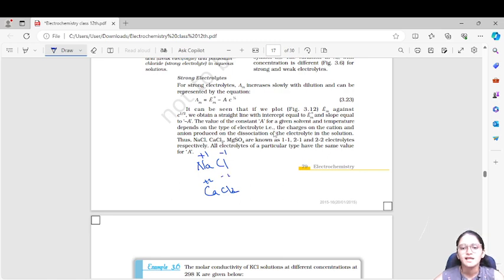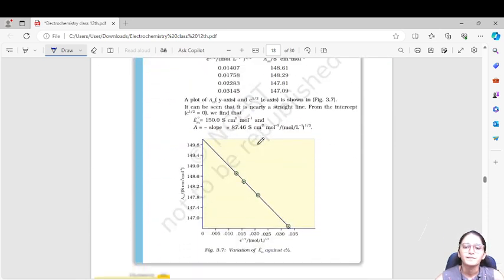So you can see that 1 Ca and 2 Cl are combining. Ca has 2 charge, Cl has minus 1 charge, so that's why it is 2-1. And in MgSO4 both have 2 charge, that's why it is 2-2, okay.